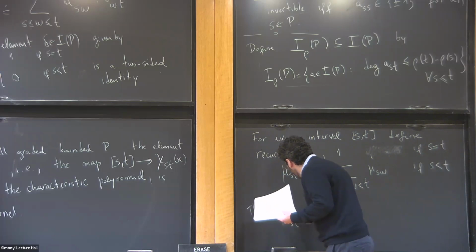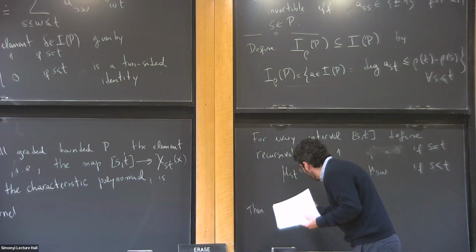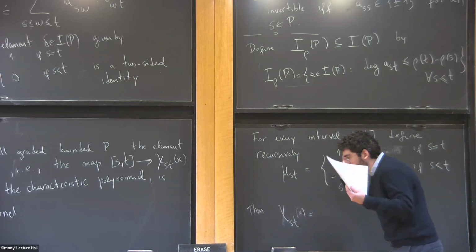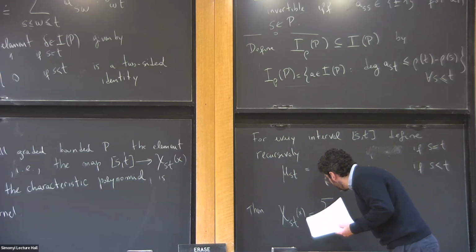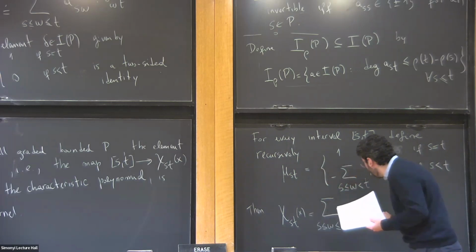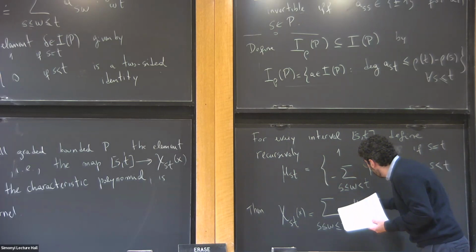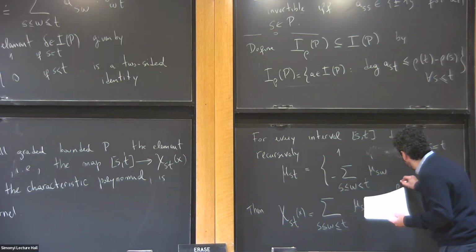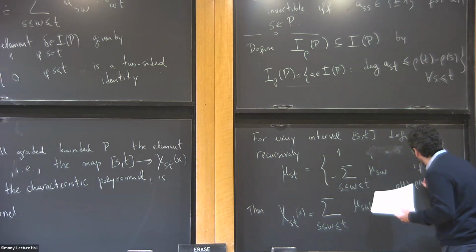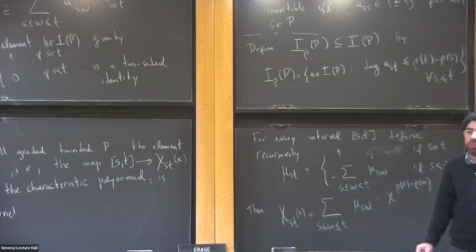And then define chi st. This is a polynomial in the variable x. I will write it just so you remember that. So this will be the sum over all elements w in the interval st of mu sw times x to the rho of t minus rho of w. So that's the characteristic polynomial of an interval in a graded bounded poset.